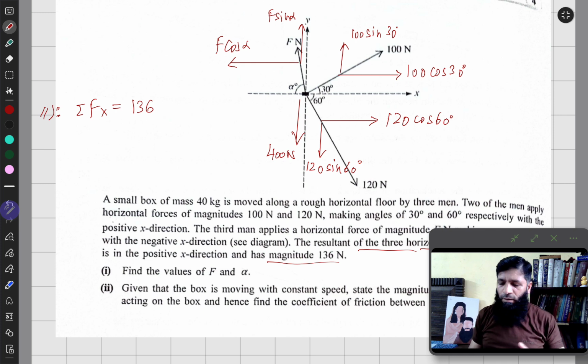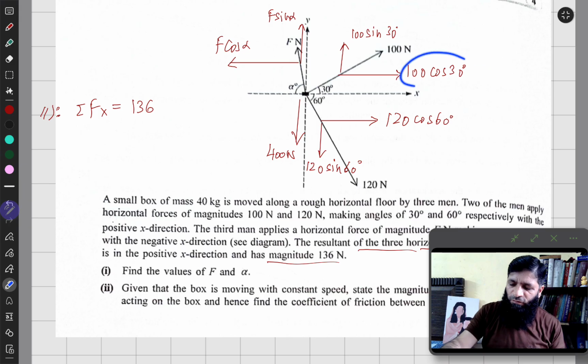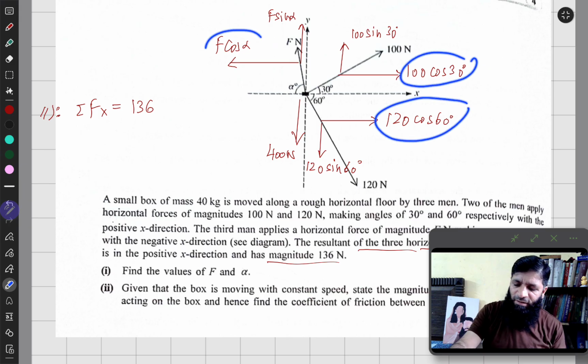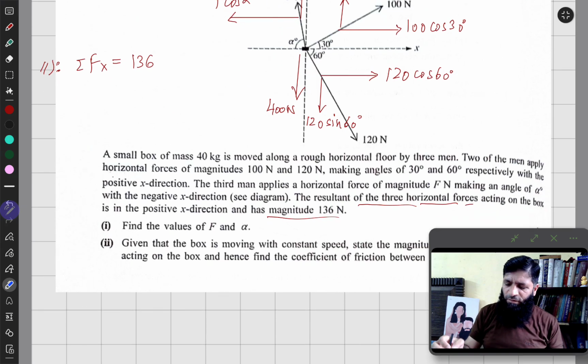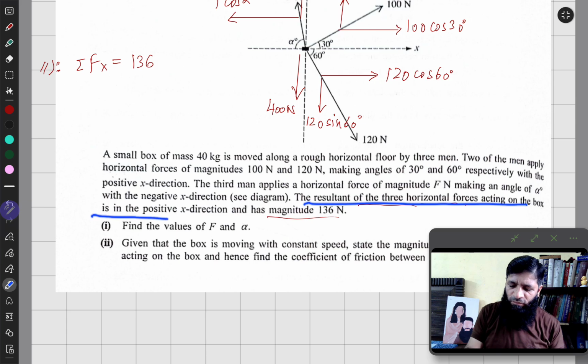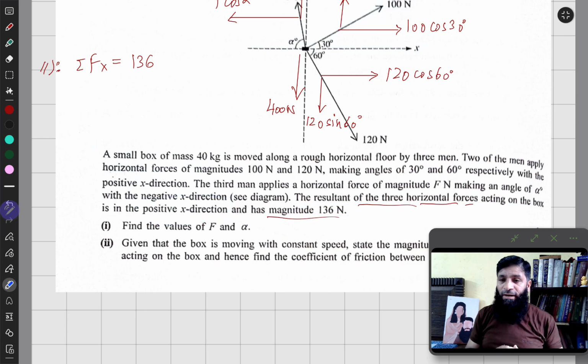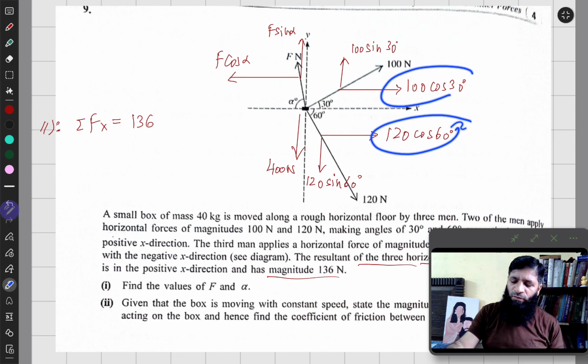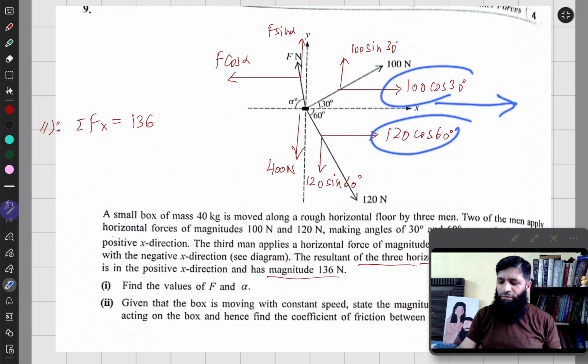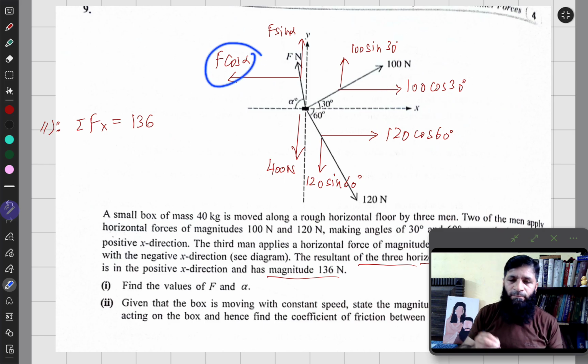You have three horizontal forces, first, second, and third. It means that the object is moving towards the positive x-axis. So these two forces will be positive as the object is moving towards the positive x-axis, but this force will be negative.